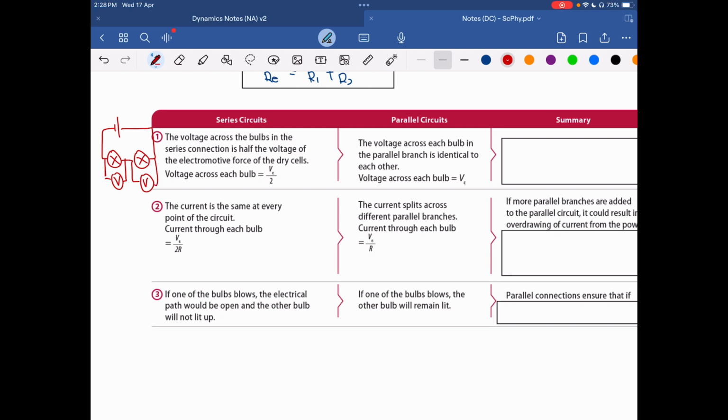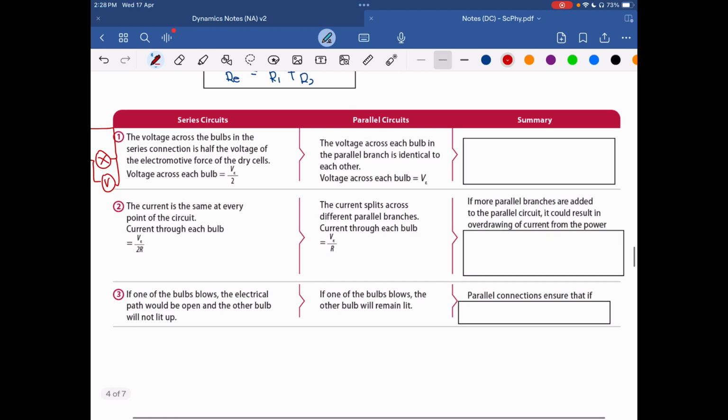Because the potential difference is half, what this means is that the current is the same at every bulb. If one of the bulbs blows, the electrical path is open, so the other bulb will not light up as well.